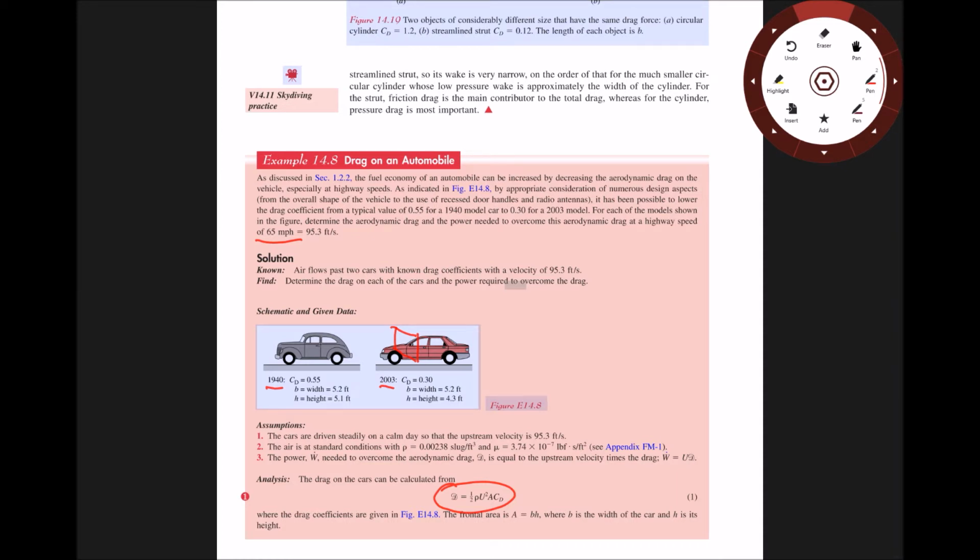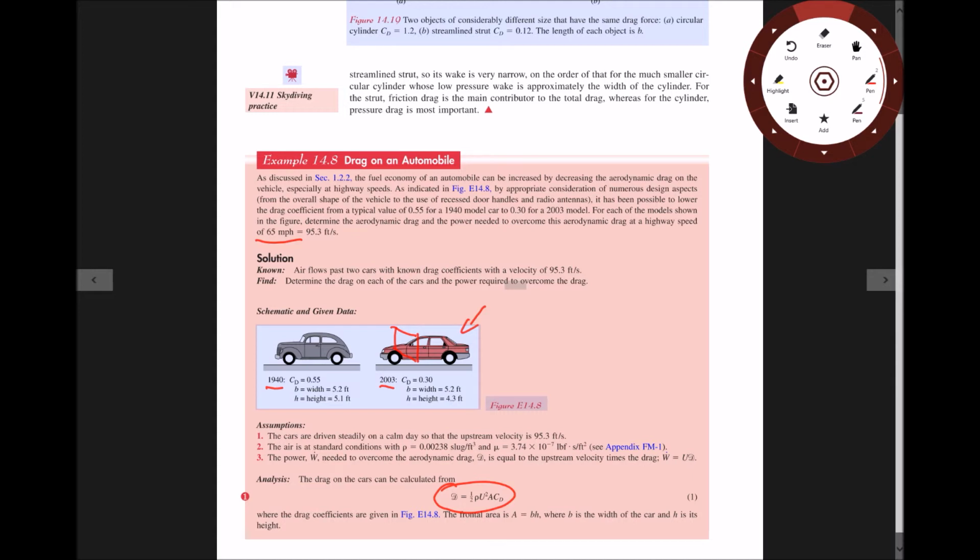By looking at the numbers over here, we notice right away that of course the coefficient of drag of this car is way higher than the coefficient of drag of a more modern car. What does that mean? It means that the modern one is more aerodynamic.